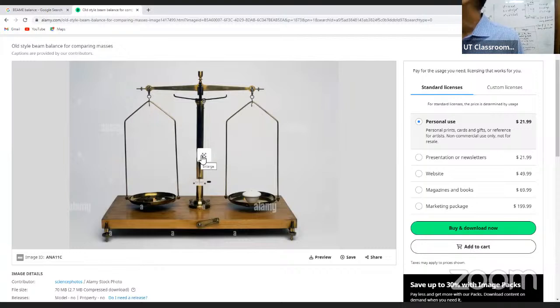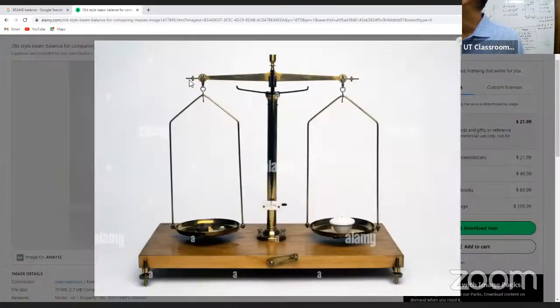So in the laboratory, this is the beam, this horizontal bar, and you have a pointer over here, and this white thing is the center. When you put the object on one side and the weights on the other, like the slotted weight here, you keep on adding weights till the pointer is in the center.